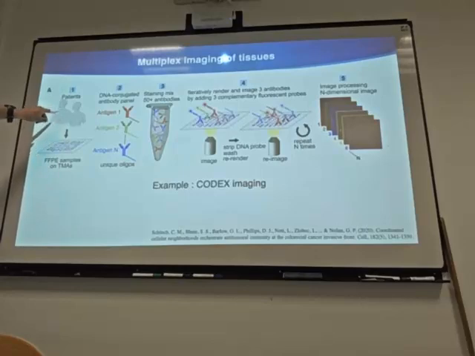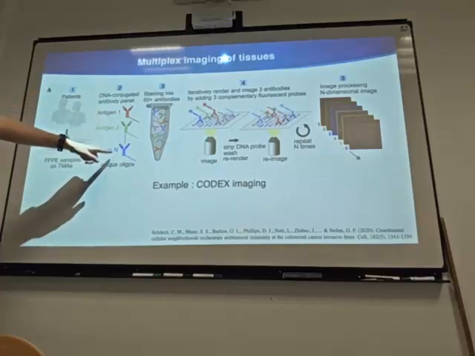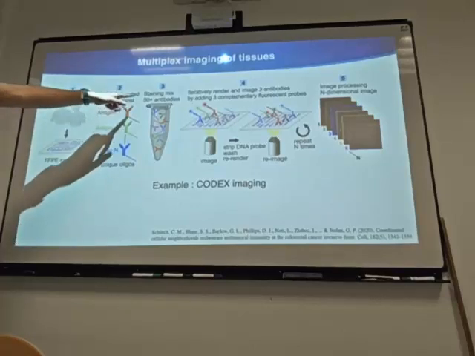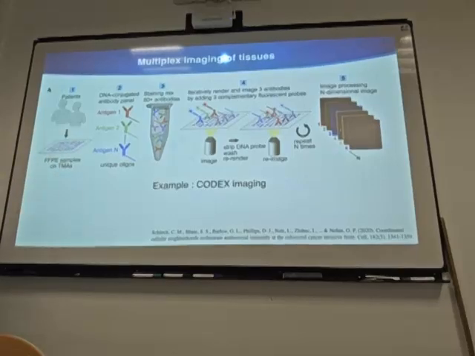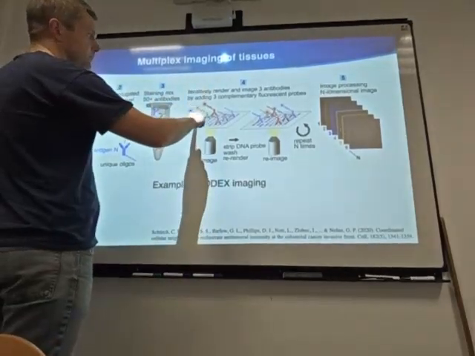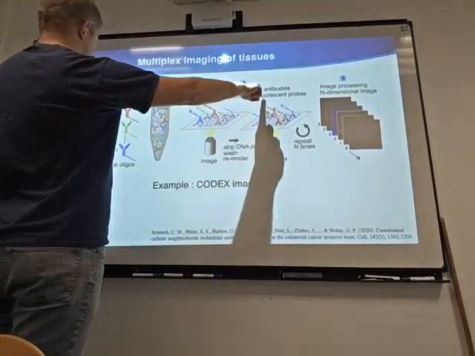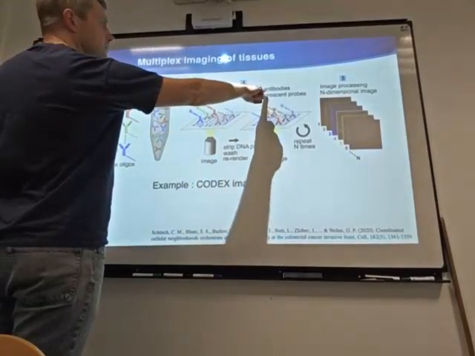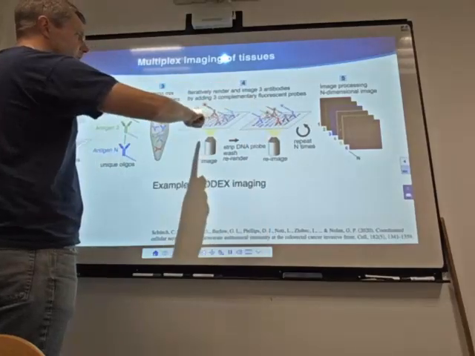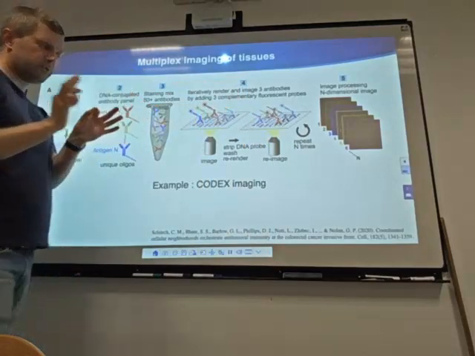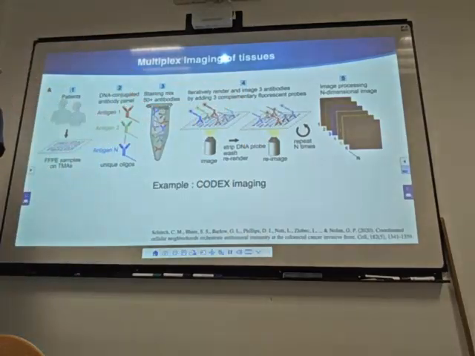So you take your sample, your biopsy, then you use different antigens, with N typically here around 50. And you put your antibodies on your samples, using 3 antibodies at a time. The antibody is going to bind to a specific molecule.